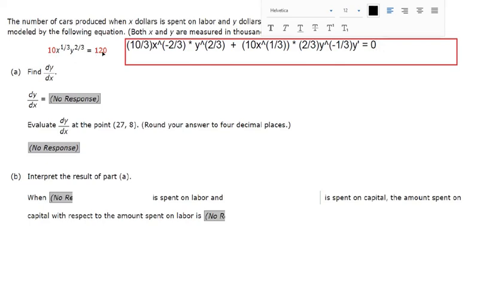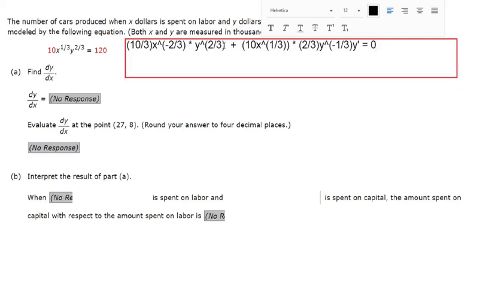So it's pretty ugly. We can clean it up though. So this one is as clean as it can get. This term over here, I can move the constants out front. So 10 times 2/3 makes 20/3. Then that's x to the 1/3 power. We've got y to the -1/3 power, and then we've got y prime.